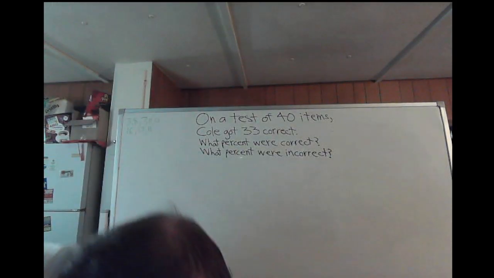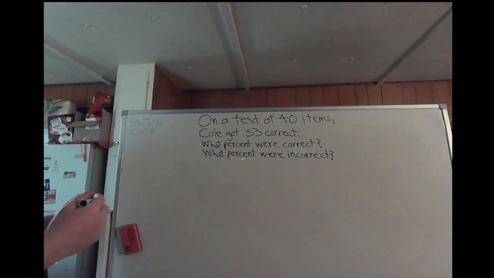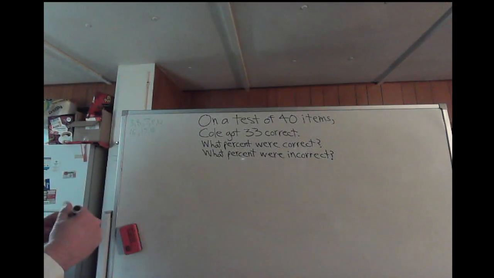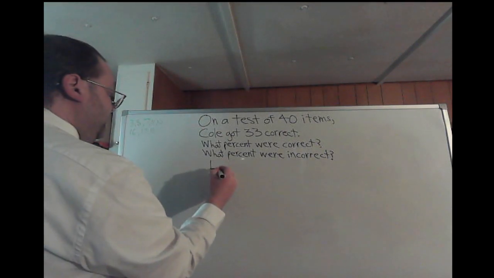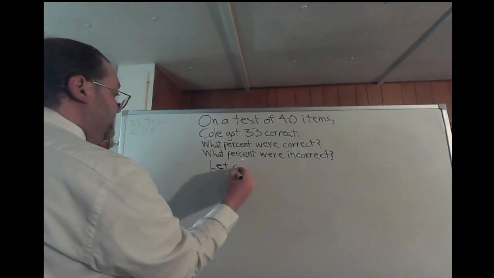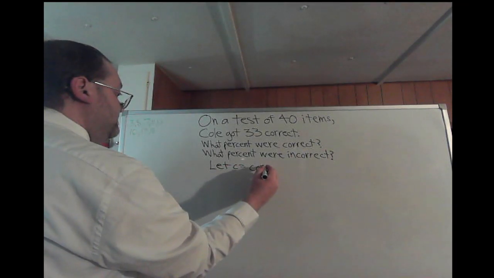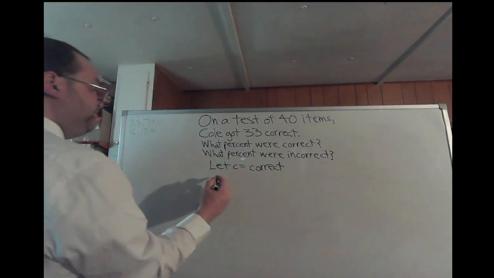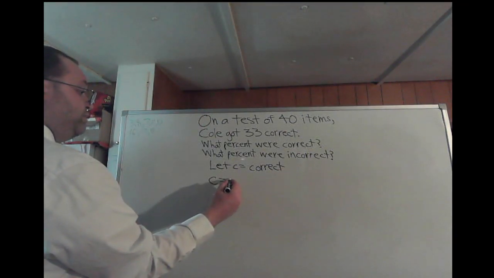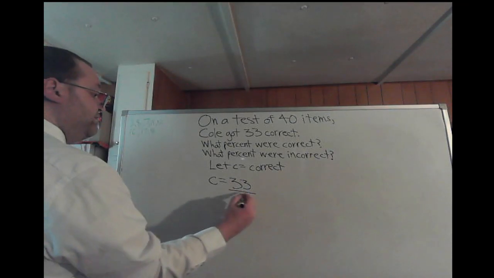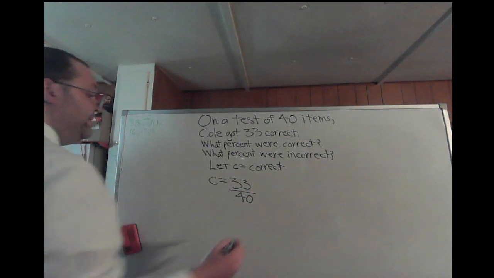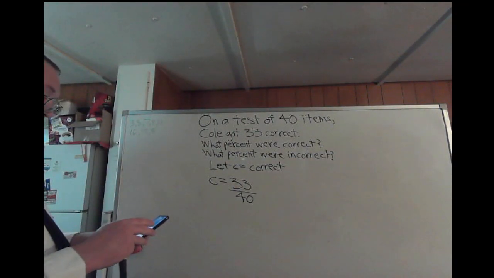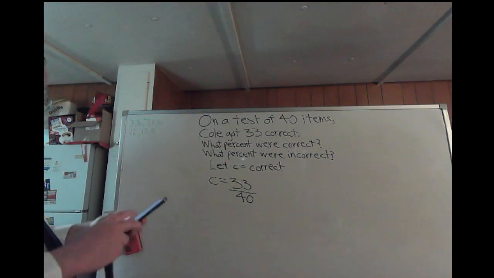All right, so on a test of 40 items, there were 40 total questions. Cole got 33 of those 40 correct. So again, we will let C equal what's correct. So the correct answers he got were 33 out of 40. So now we just take our 33 divided by 40, get it as a decimal, and then we can get it as a percent.